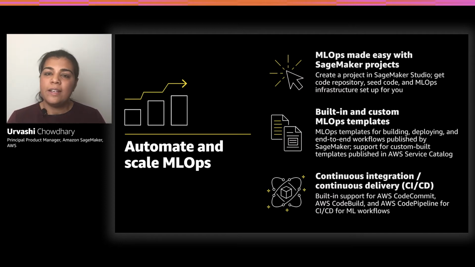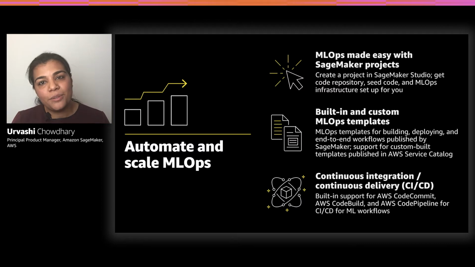This includes a code repository with the starter code, as well as the CodePipeline, CodeCommit repositories, and the CodeBuild stages. Amazon SageMaker provides built-in MLOps templates for model building, model deployment, as well as end-to-end model building and deployment.